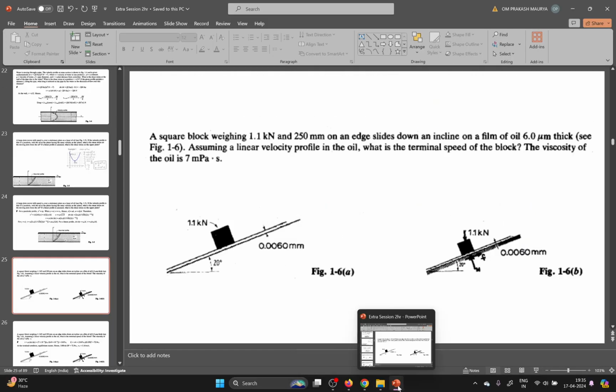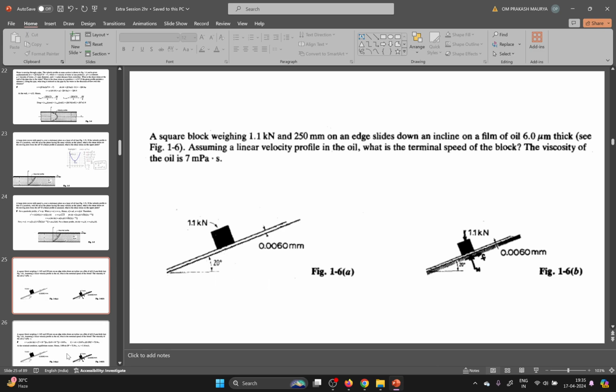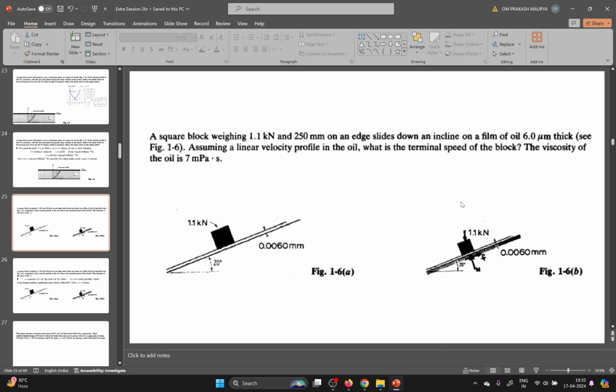Is anybody there? I think no one joined till now. Okay. So how will you calculate these things? Oh, this is the solution. W sine 20 degree is equal to tau into area.